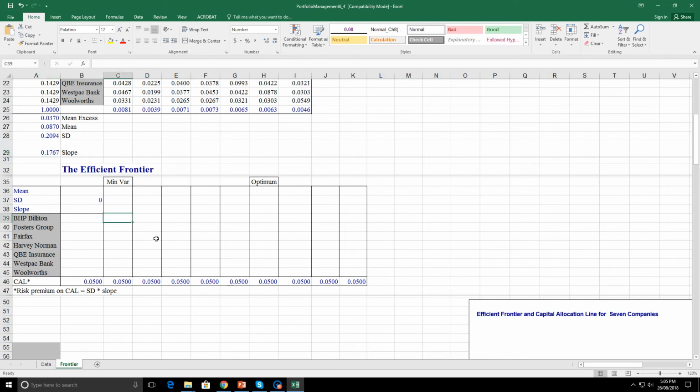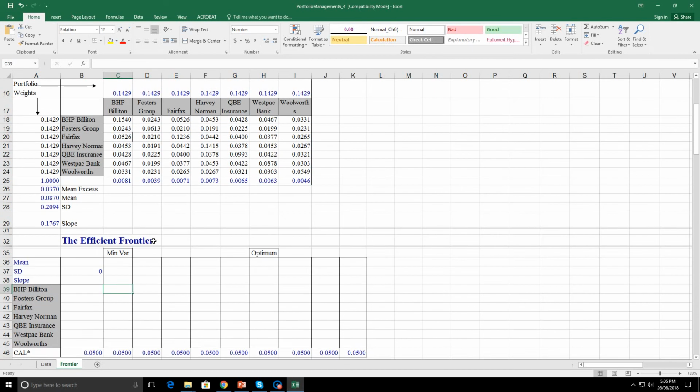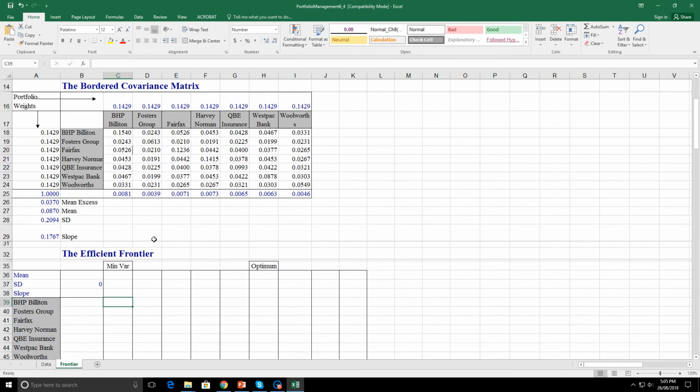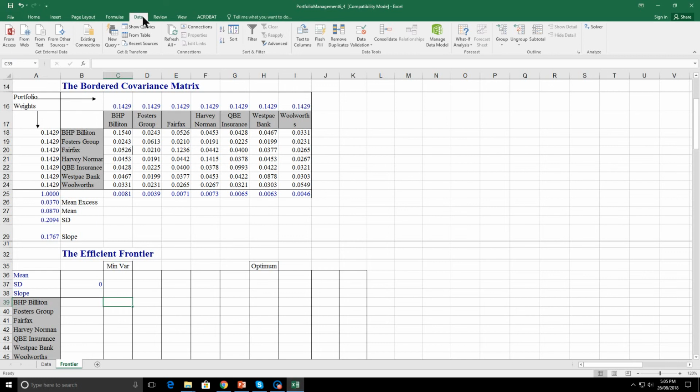So we will start with our minimum variance portfolio. To get this minimum variance portfolio, we need to use an Excel add-in, that is Solver. So we go to Data, and we have to have this Excel add-in Solver.